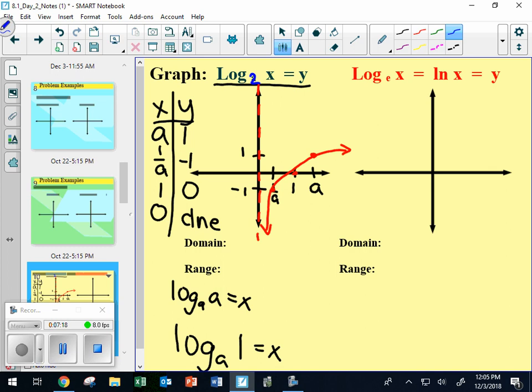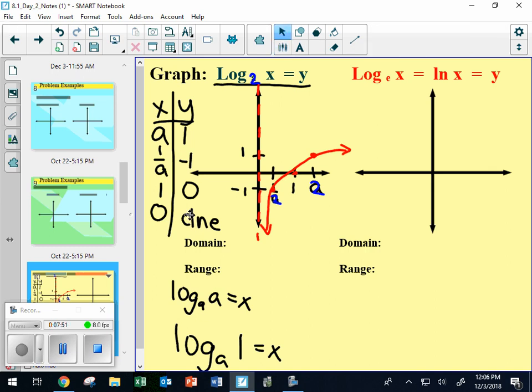Or, right here, when I said I just want a base of 2, I just said, okay, instead of a, I'm going to make a equal 2, right? If a equals 2, and I have an a down here, what does this a equal? 2, again. And over here, I have another a, and I'm just going to have that equal 2. So I have the same exact graph as I did before. All I did was, wherever I saw an a, I just put a 2. Because all I did here was I just replaced my base of a with a base of 2.